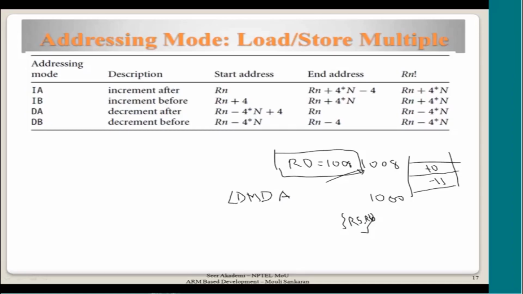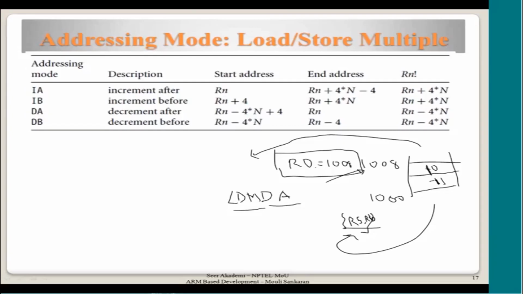No problem. Now you have to combine all these things. LDM decrement after. Load means what? You are loading from memory to register. Which register? Our friends are here. Let me show these registers R5 and R6 with the values at 1008 and 1004, which are assumed to be having 10 and 11.